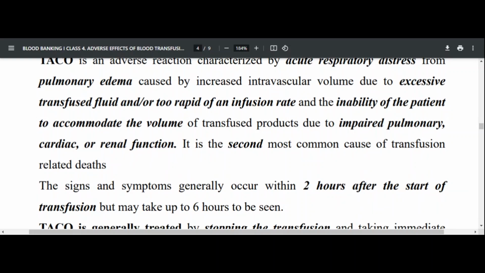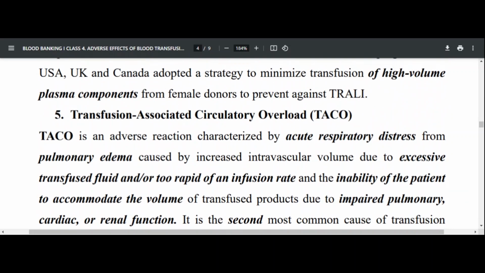For example, in TACO there could be pulmonary edema, which is not a primary manifestation in TRALI. TRALI may be caused by antibodies that lead to excessive accumulation of cytokines because of the reaction of the immune system, of course WBC.